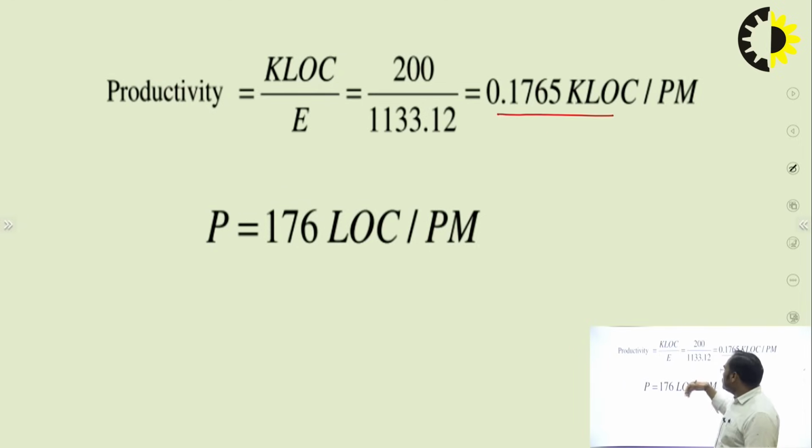So productivity is given here: P equals 176 lines of code. So average productivity basically depends upon the project size divided by E. So average productivity is around 176 lines of code.